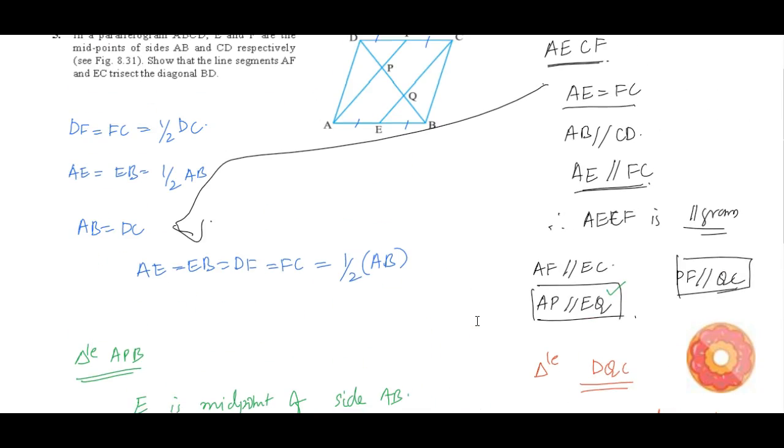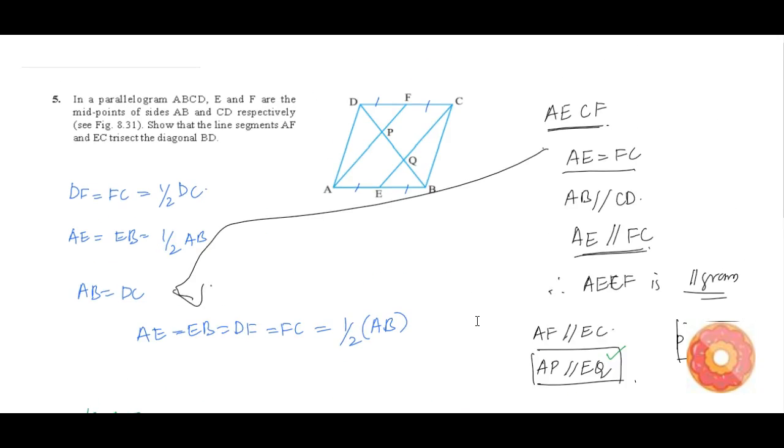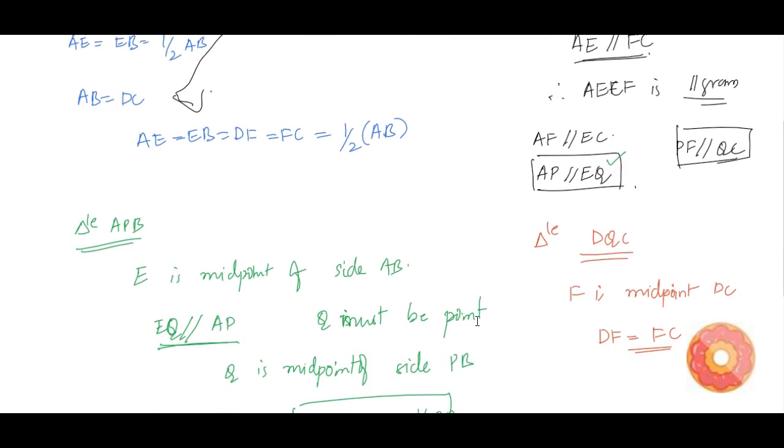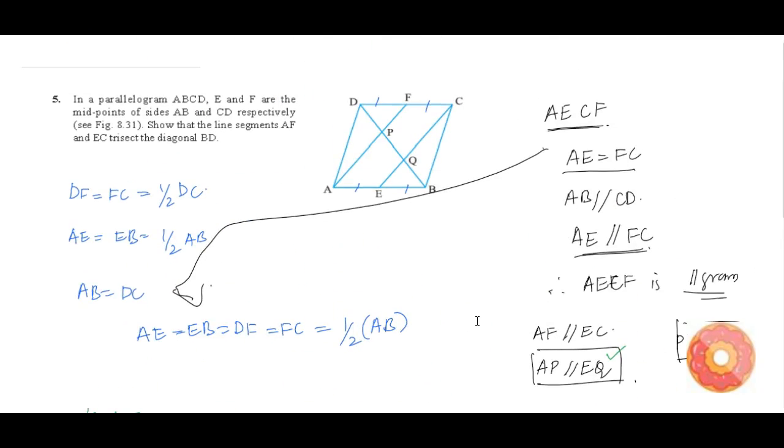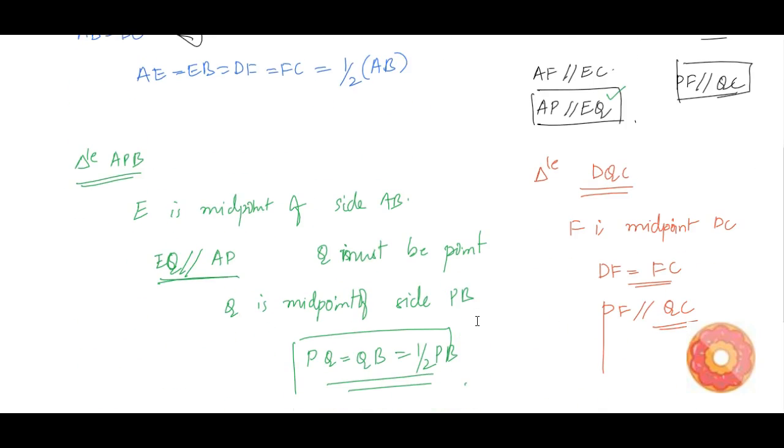And we also know that PF is parallel to QC. Therefore, P must be the midpoint of DQ. From theorem 8.10, P is the midpoint of the side DQ.